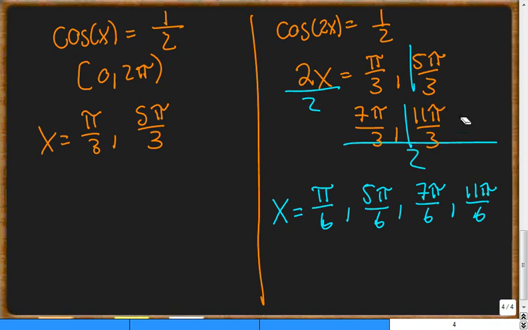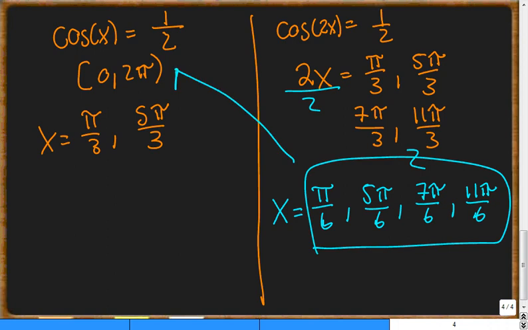So you see that I just need my x to belong to here, okay? Not 2x. 2x doesn't have to belong to 0 to 2 pi, but x does. So that's why we double the number of answers that we have, because we have another entire rotation that we haven't normally accounted for. But when you write out those coterminals and then divide, you see that all of these nicely fit inside of this.